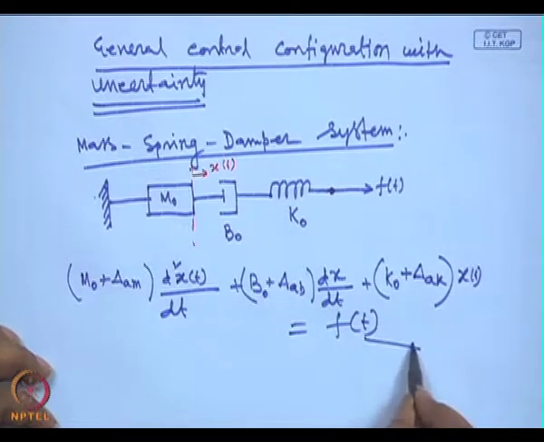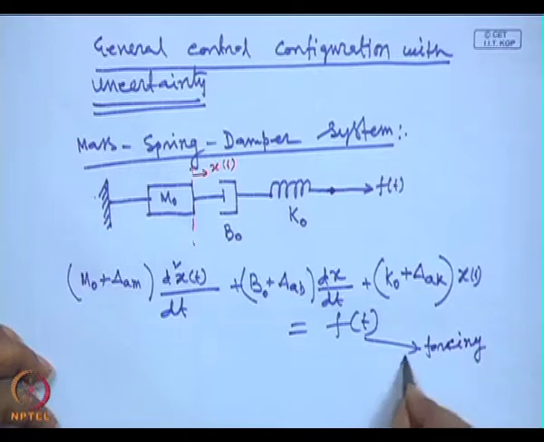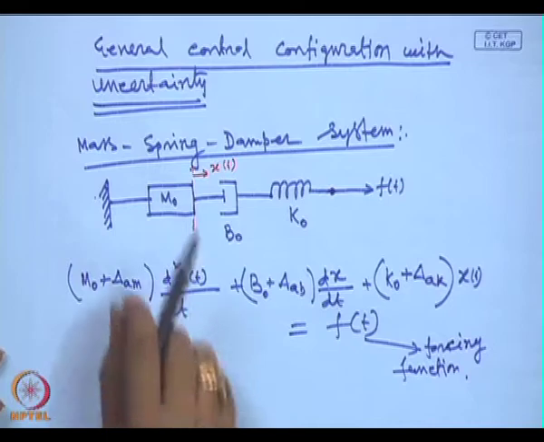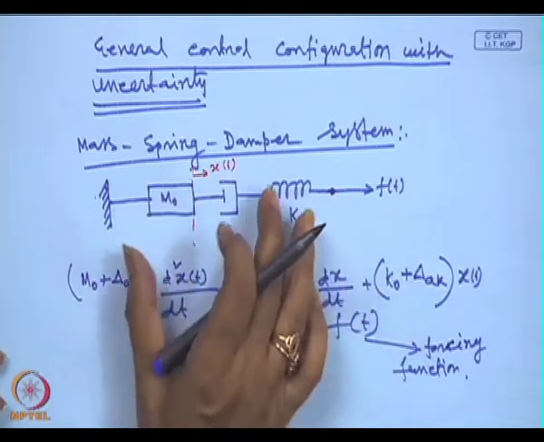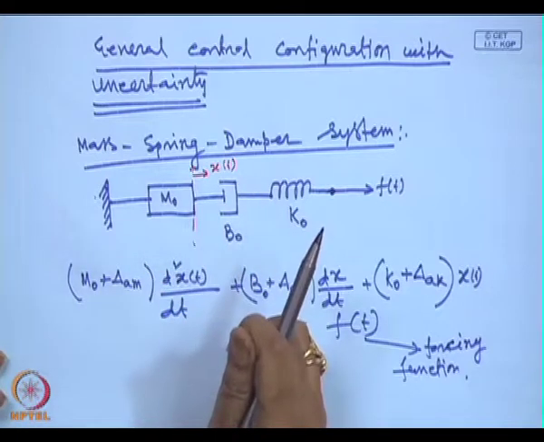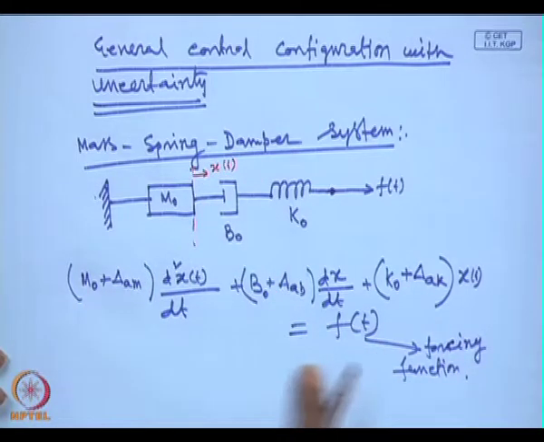This f of t is the input or forcing function. Initially the spring mass system was at the equilibrium position, then I applied a force, and at any instant of time the displacement is x of t, so we can write the dynamic equation.